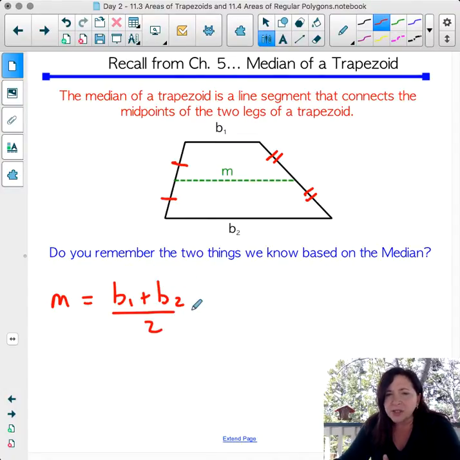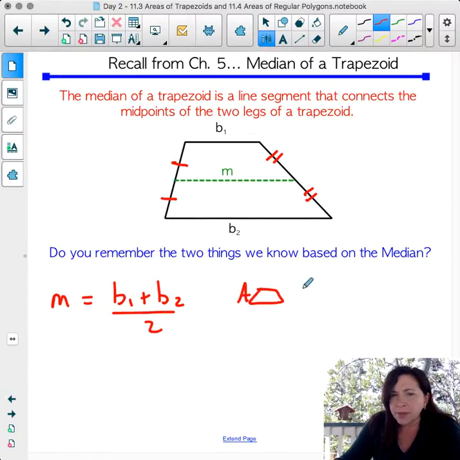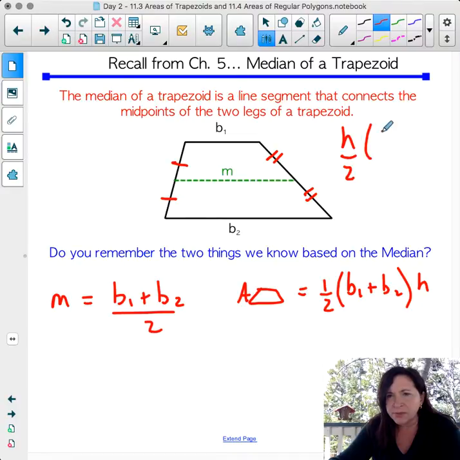Well, that's actually almost my formula for my area, because the formula for the area of a trapezoid is equal to 1/2 the sum of my bases times the height. Now, I usually say height divided by 2 times the sum of the bases, okay? But you could also write it as 1/2 of this. So really, what you're seeing is this length here.